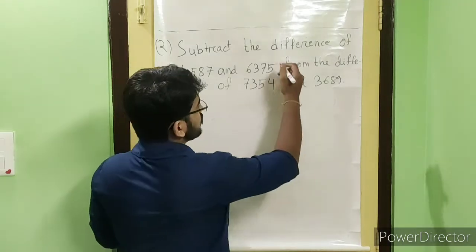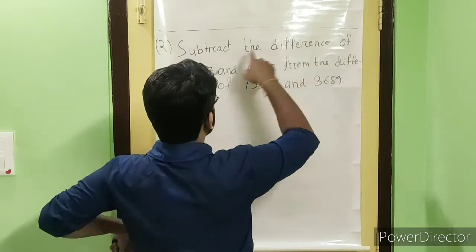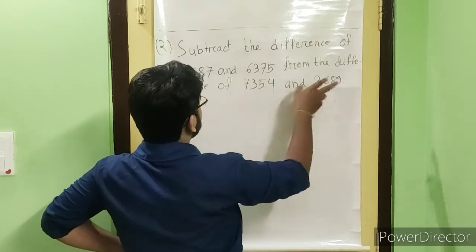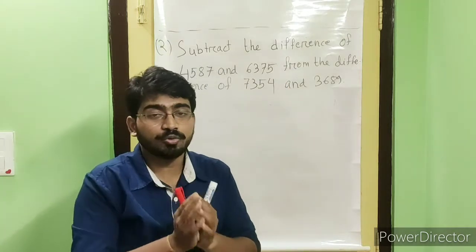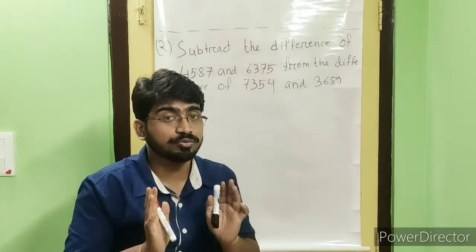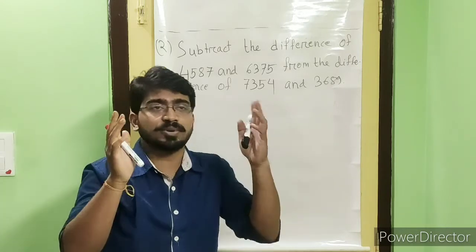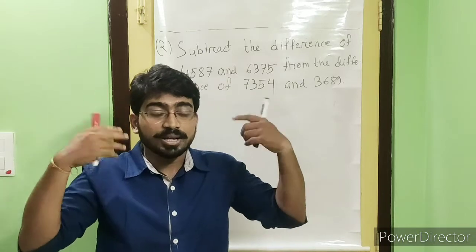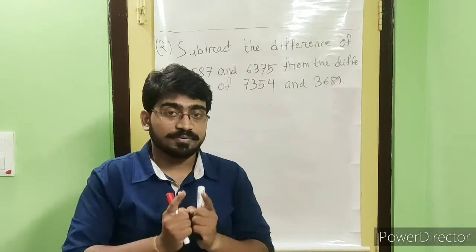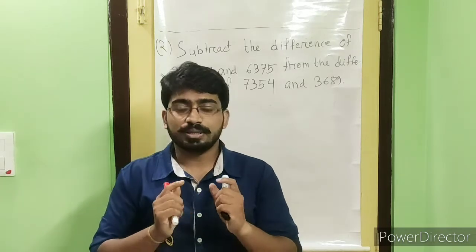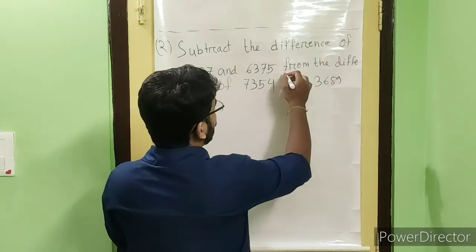Here the difference of this and this, and the difference of this and this has been given. So which difference should we follow first? It will be a little bit confusing for you, but if you can find out the main key point, then it will be easy for you. The main key point is from.